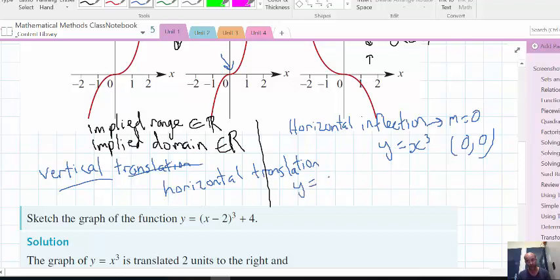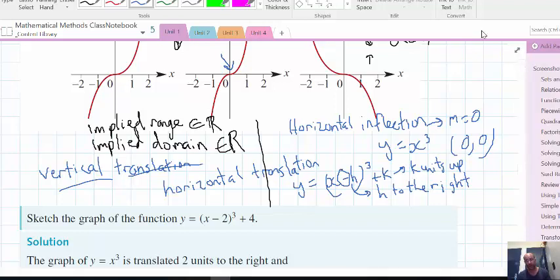So if we've got the form (x − h), ignoring the dilation on the front for the moment, and + k on the outside, that will move h units to the right, just like with quadratics, and k units up. If that was a plus in there, that'd be minusing a negative, and that would be to the left. So the translations work just like with the quadratics once it's in this form.